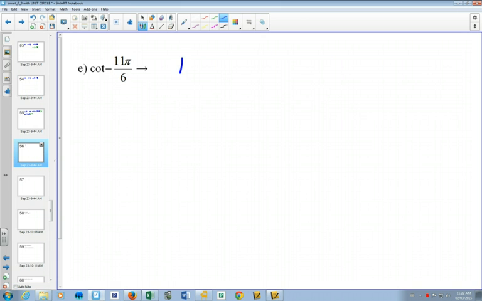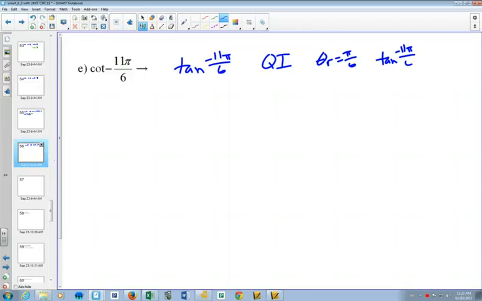For cotangent negative 11 pi over 6, think of tangent. Negative 11 pi over 6 is going to end in quadrant 1 because it's going in the negative direction. And, of course, the reference angle is your pi over 6 family. So then tan of negative 11 pi over 6 will equal root 3 over 3 and be positive.